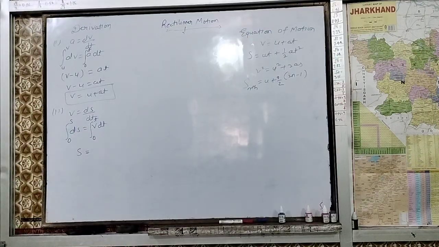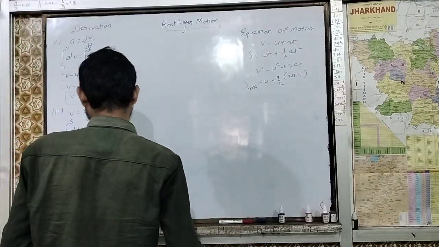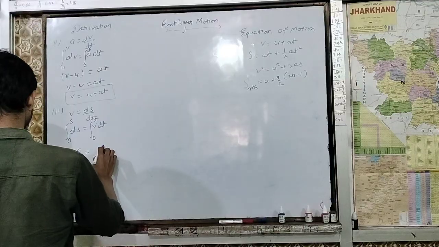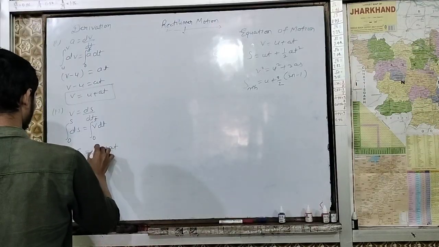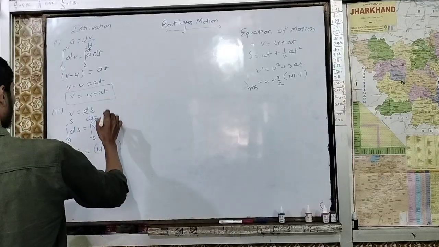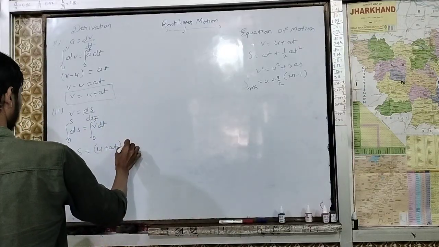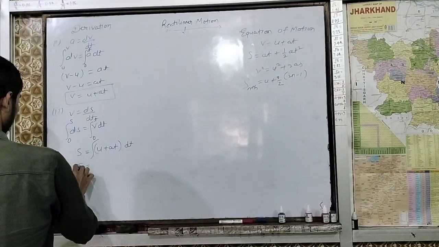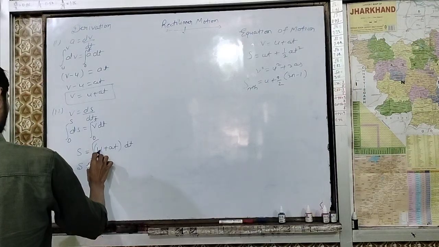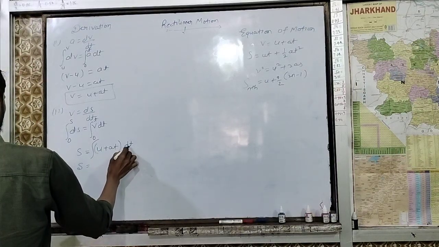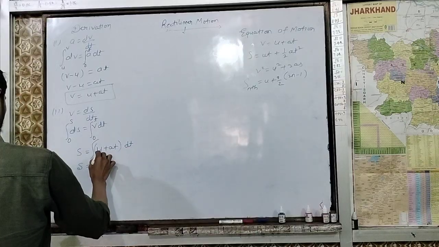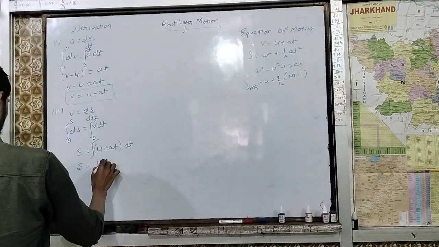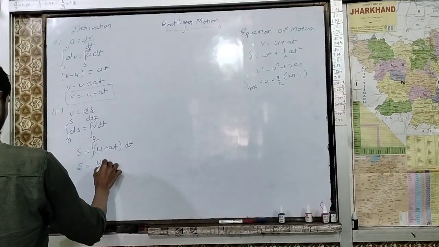Look over here, we have value of v, which is u plus at, into dt. s is equal to integration of u dt, which will be ut, and integration of dt will be t.